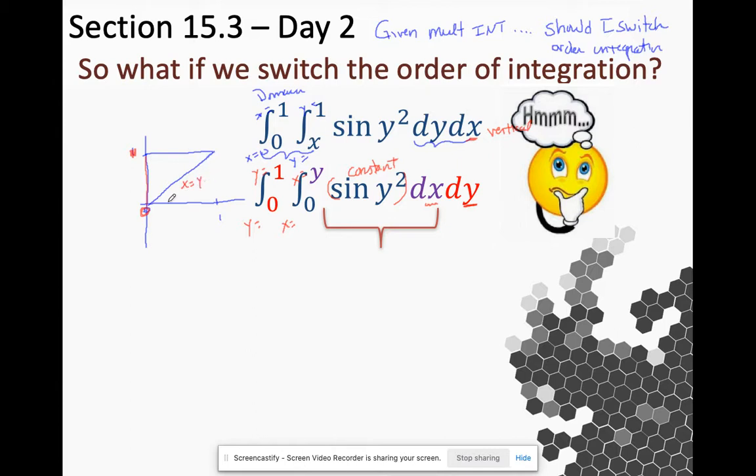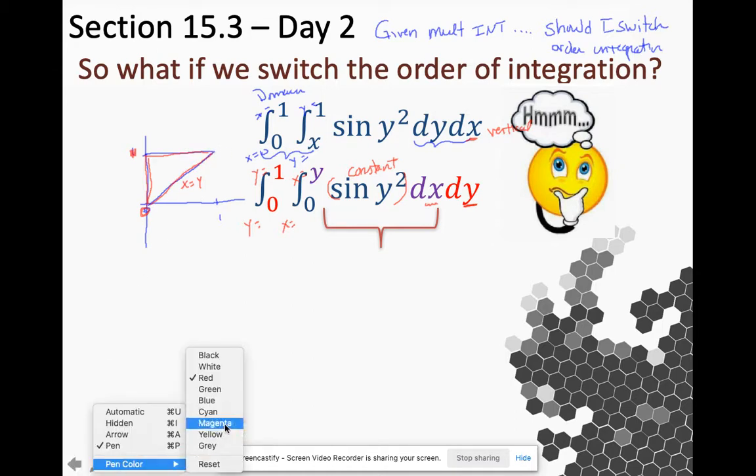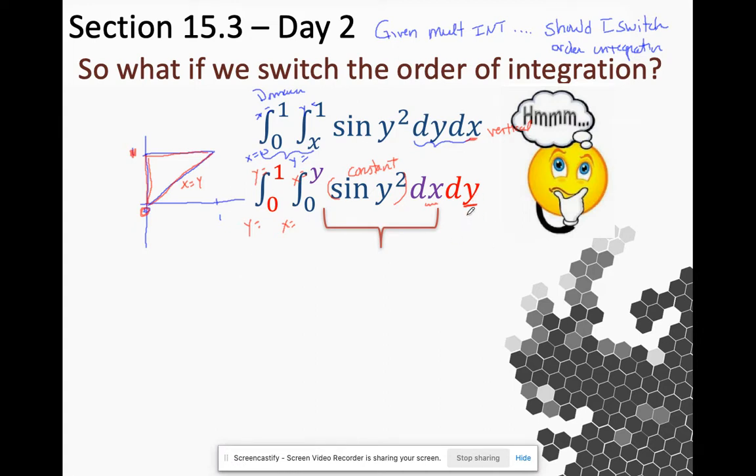Which of course is the same as y equals x, right? And then I go from y equals 0 to y equals 1. So I have the same shape, the same domain region, but what's my strip now? Because y is on the outside, I have horizontal strips. But it's the same region.